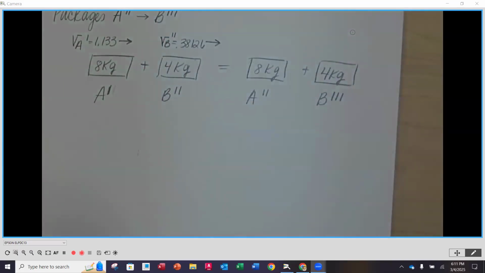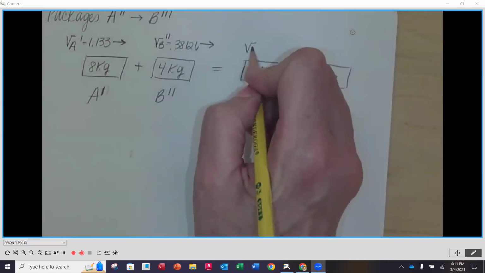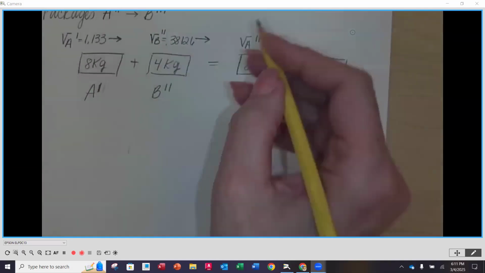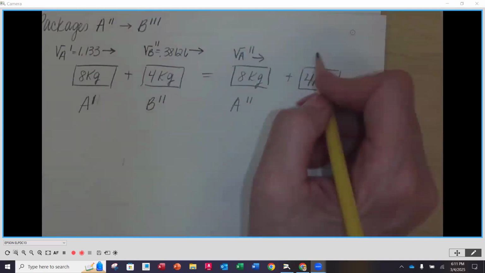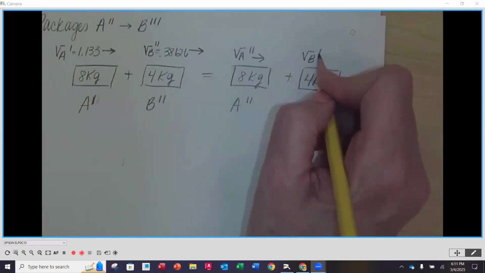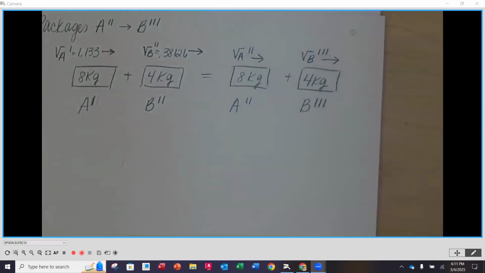So befores. And then after, we're going to have velocity A prime prime, assuming it's going to go to the right. We don't know its magnitude yet. And then velocity B prime prime prime, also assuming it's going to go to the right.